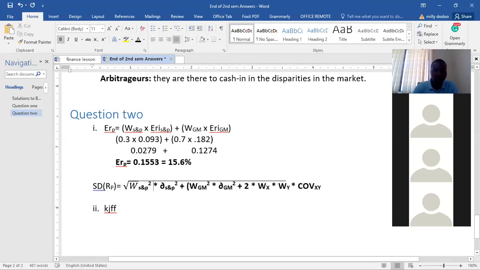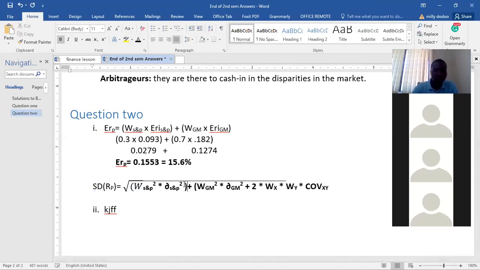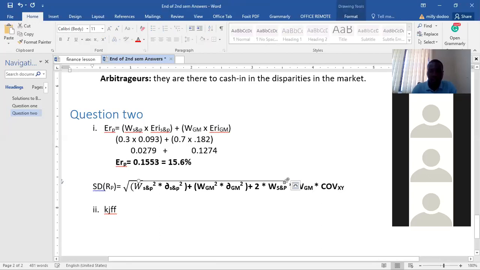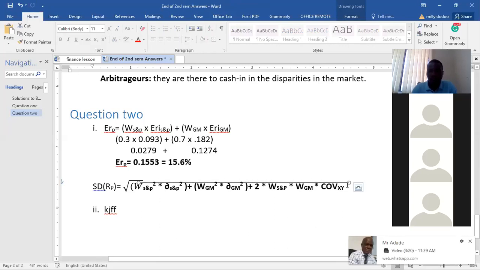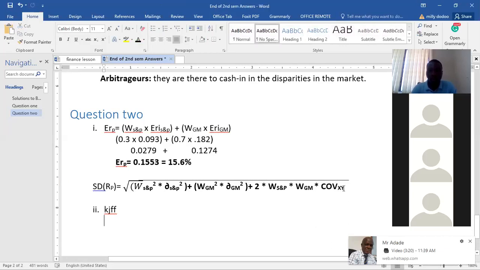You are squaring all, multiplied by the constant 2, multiplied by the weight of the S&P, the weight of the Ghana Market Index, then the covariance between S&P and the Ghana Market Index.